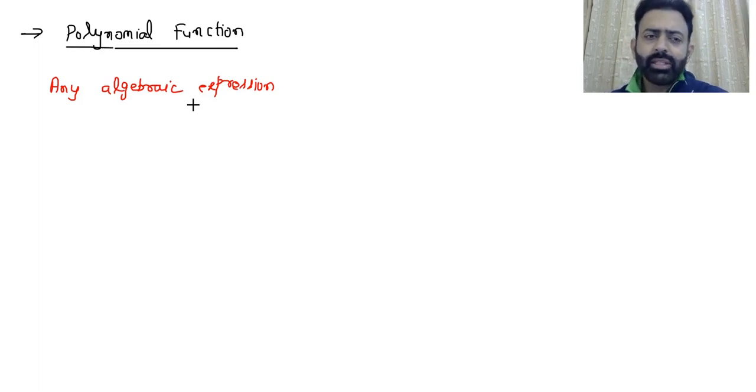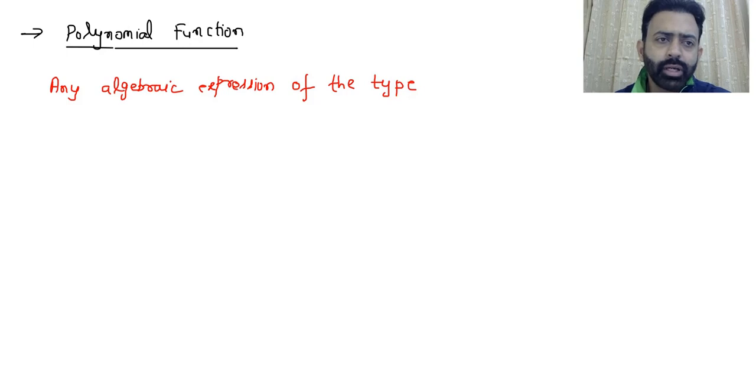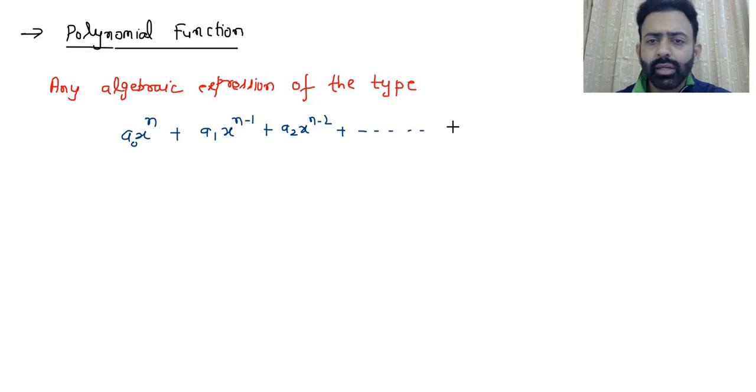Okay, so any algebraic expression of the type a0 x raised to power n plus a1 x raised to power n minus 1, plus a2 x raised to power n minus 2, and so on, and the last term of this expression is just an.